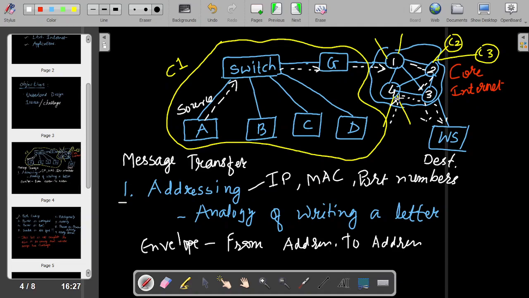Similarly, in the internet also, from one source machine to another destination machine, there can be multiple routes, multiple paths, but routers always forward your packet so that the packet reaches the destination in the smallest time or through the shortest path.